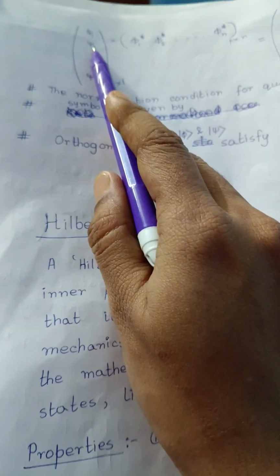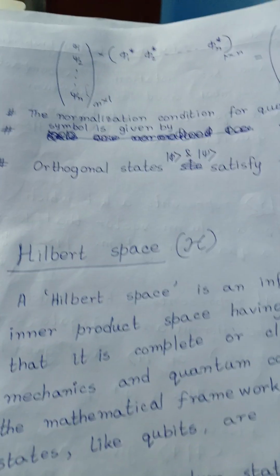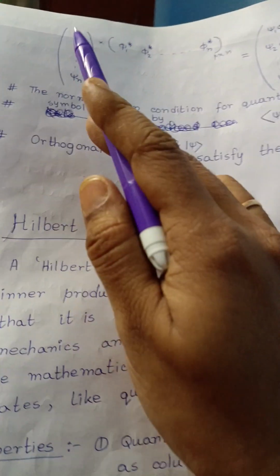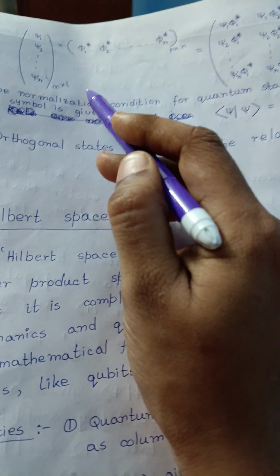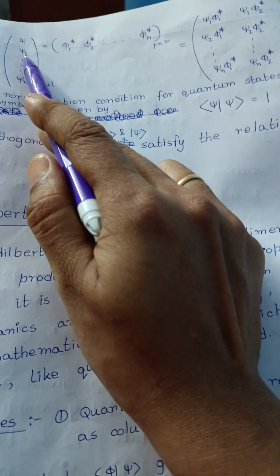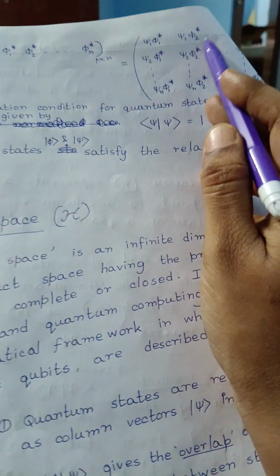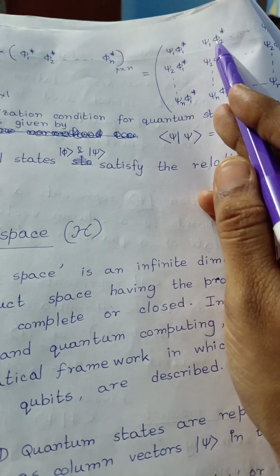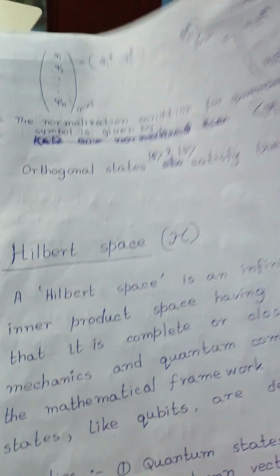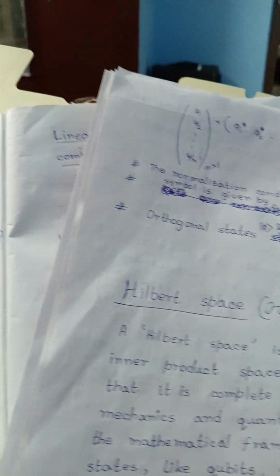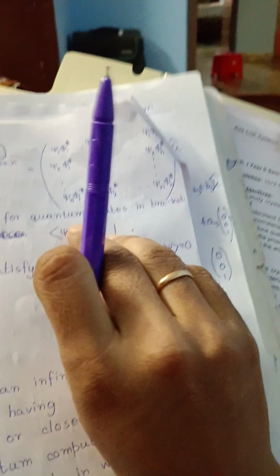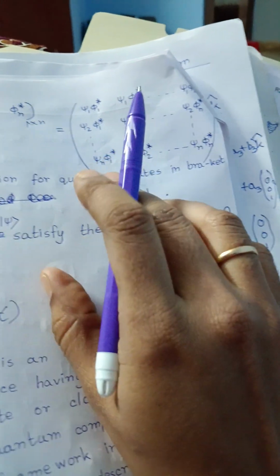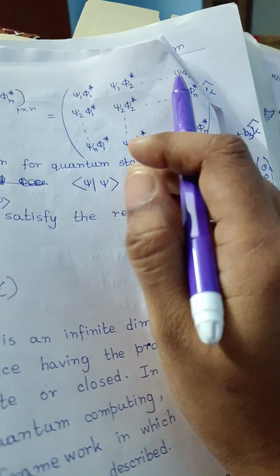What will that matrix be? The first element will be psi 1 phi 1 star. Next, psi 2 phi 2 star is the second element of the first row, and the last element of the first row will be psi 1 phi n star.